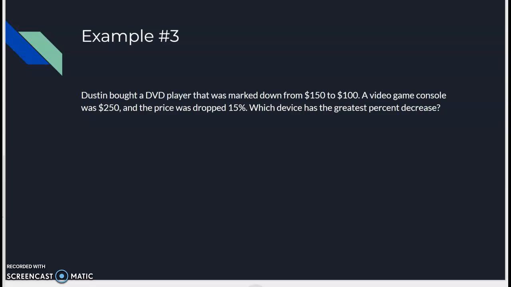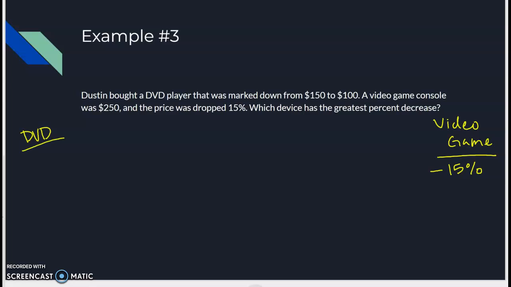So we have the video game console. Video game was decreased 15%. So we had a minus 15%. So we just need to look at the DVD player.